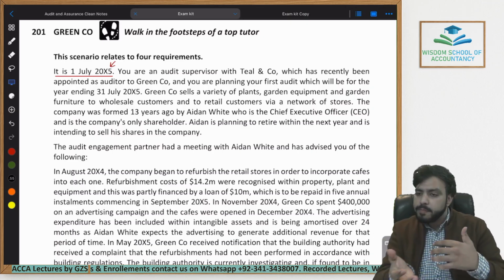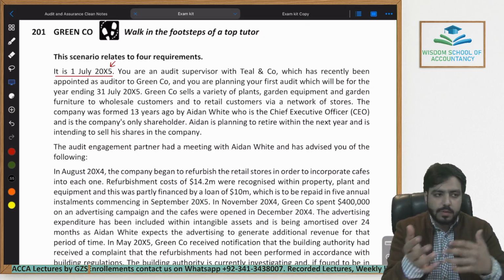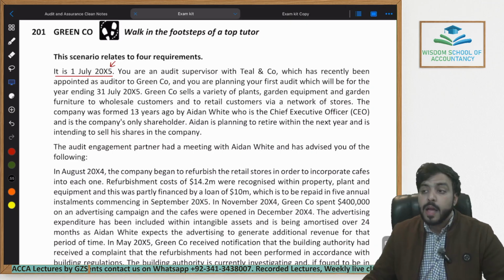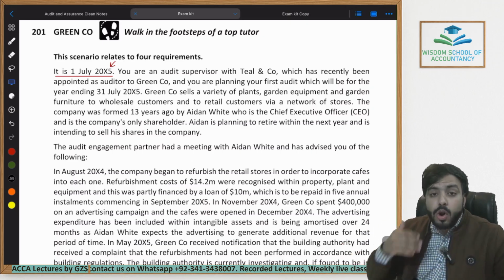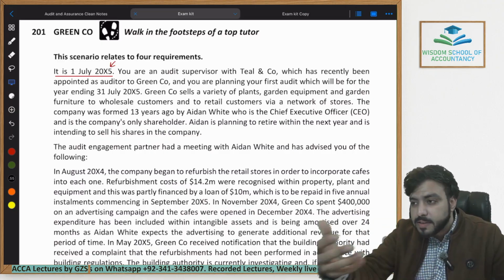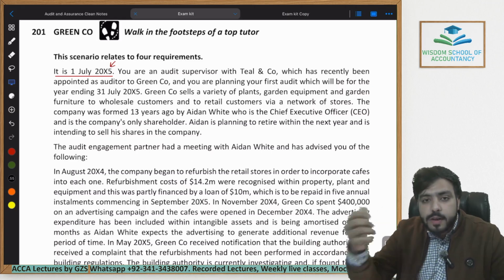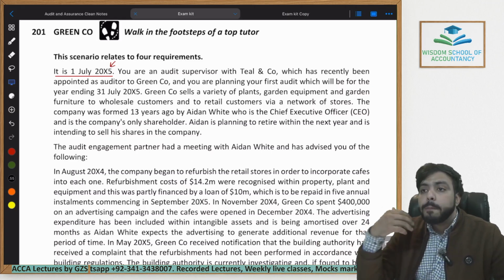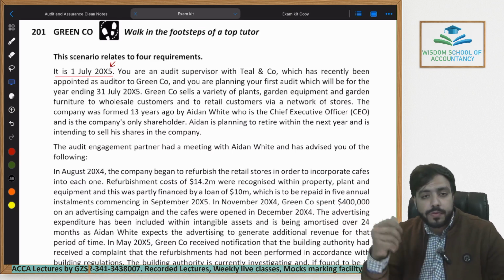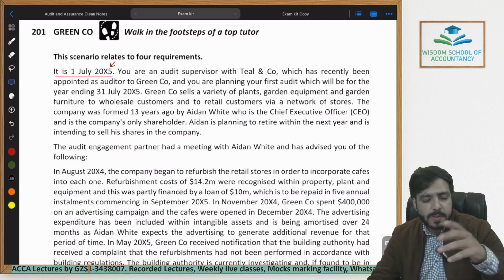Because when you have been auditing a company, let's say for the past year you audited them, for the last 10 years you have been auditing the same company, that audit firm will have a lot of experience working with that audit client. They will know what sort of mistakes this company can make, what controls are weak within this company, what complex calculations they have to do within the financial statements, because of which there will be a lot of risk in the financial statement in a specific line item.